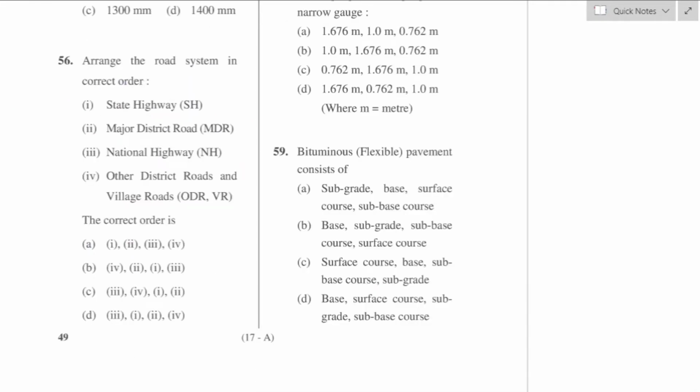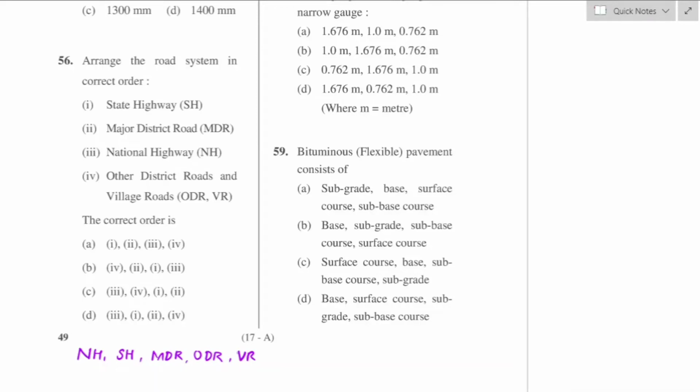Question number 56. Arrange the road system in the correct order. As per the Nagpur road plan, Indian roads are classified into 5 categories based on their location and function. The first classification is National Highway, State Highway, Major District Road, Other District Road and Village Roads.